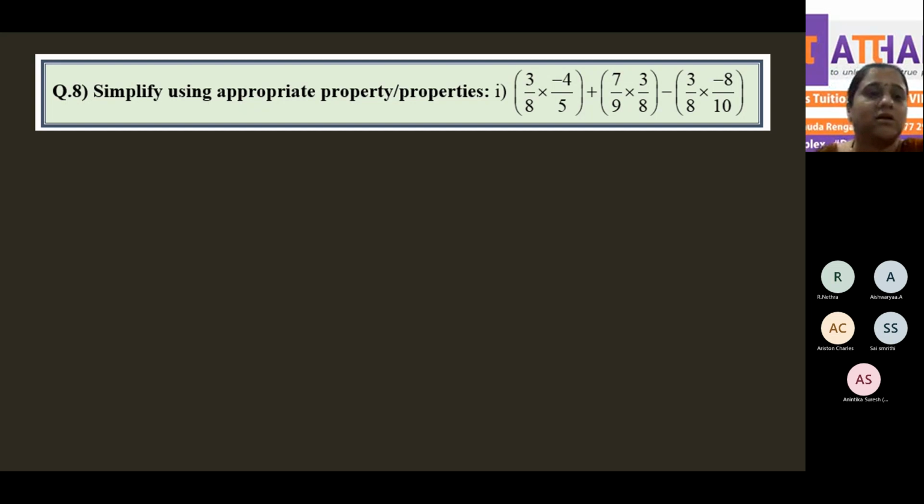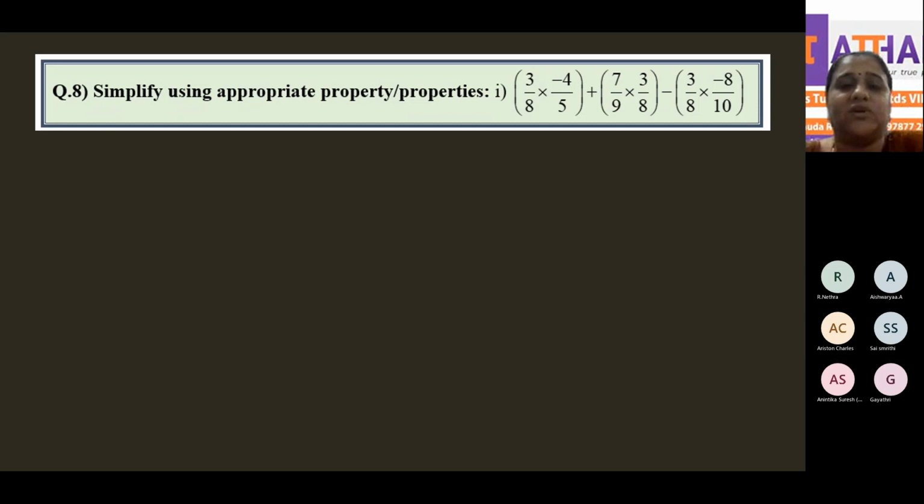See this question. Simplify using appropriate property or properties. Sometimes you may have to use the commutative property and the distributive property. The commutative property means rearranging the terms, changing the order in which the terms occur.